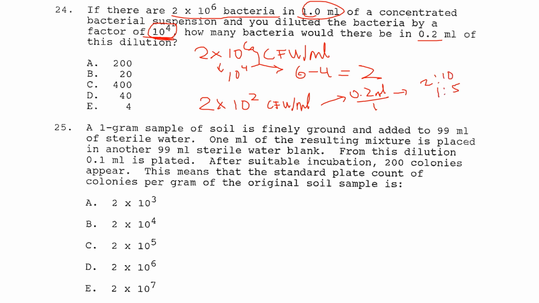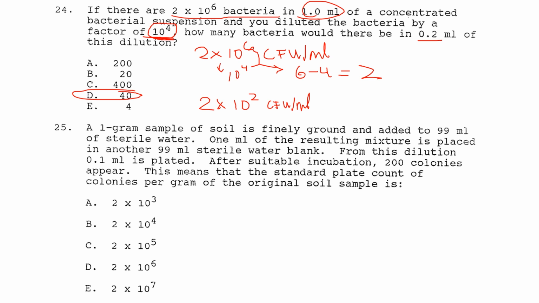And so what we would do is take this number times 1 over 5, and you should get 40, right? Okay. Pretty simple. So let's do it in a different way, right?